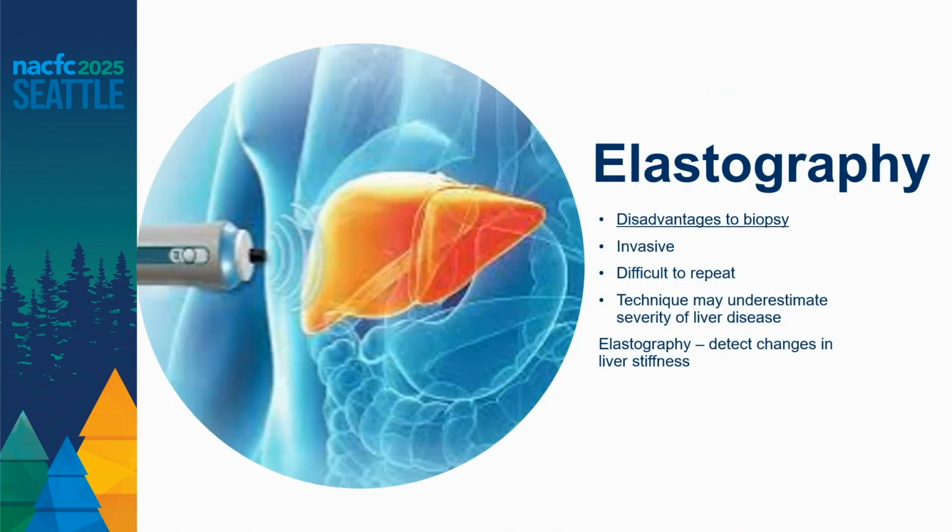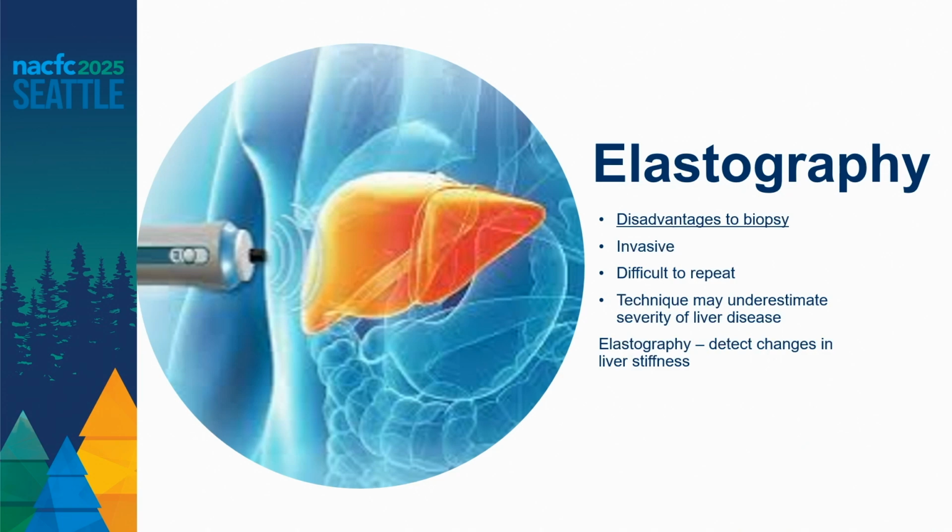Elastography is an adjunct to sonogram, and where the abdominal sonogram looks at the structure of the liver, the elastography or FibroScan looks at the tissue of the liver, and it's an adjunct to abdominal sonogram.